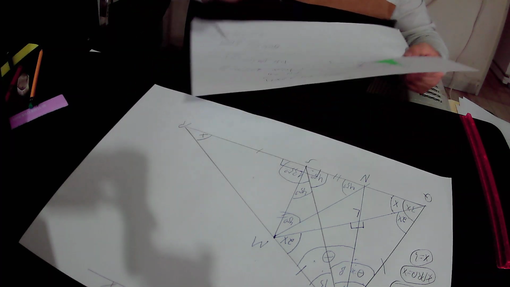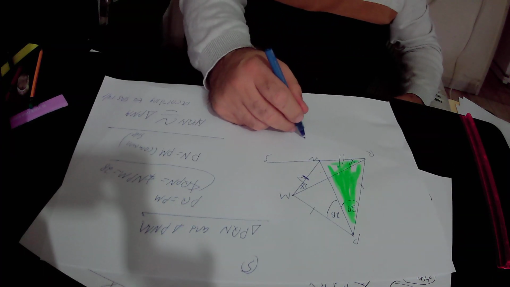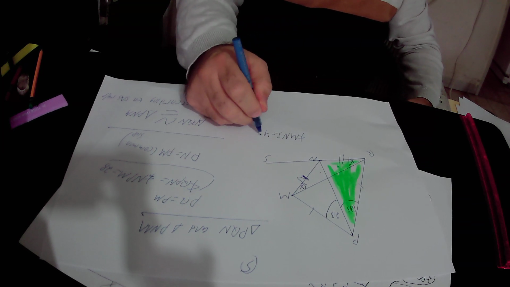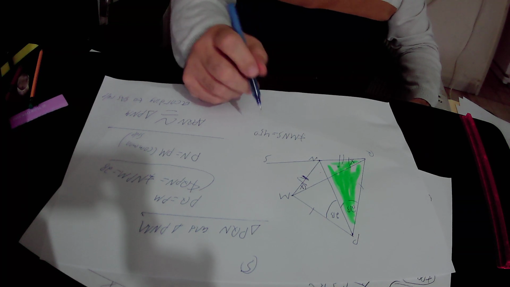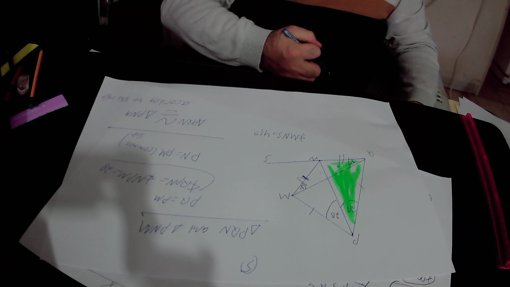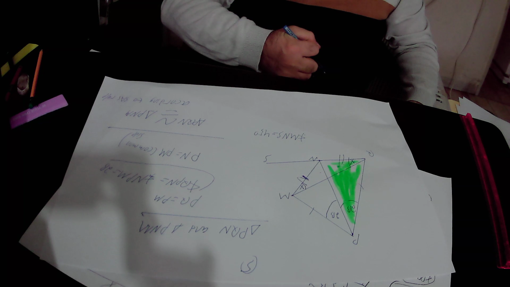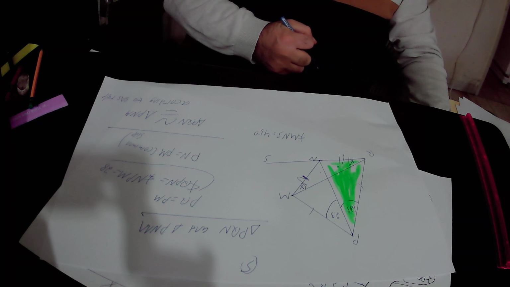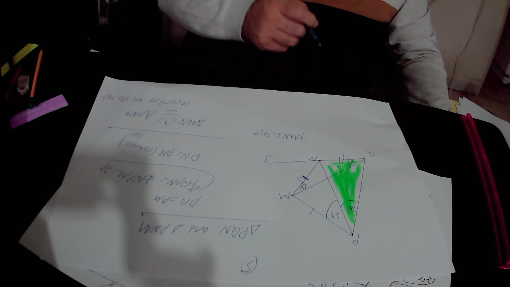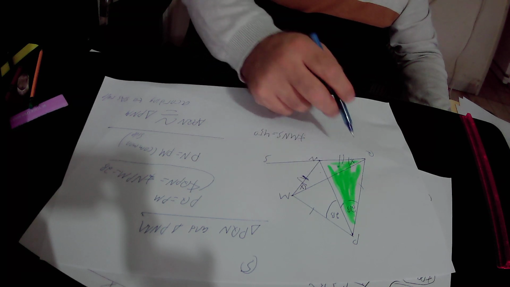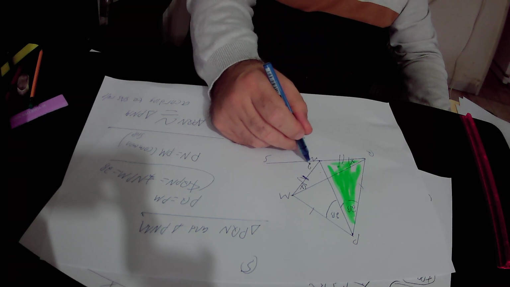We have already found out that angle MNS equals 45 degrees. But according to the rule that the value of the exterior angle of a triangle is equal to the sum of the angles that are not adjacent to it, this angle MNS will be equal to x plus x. That is to say, it will be equal to 2x.